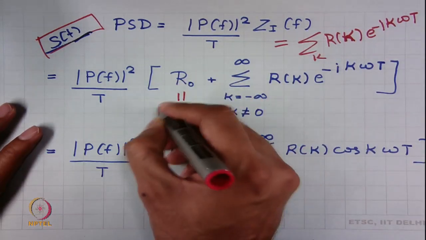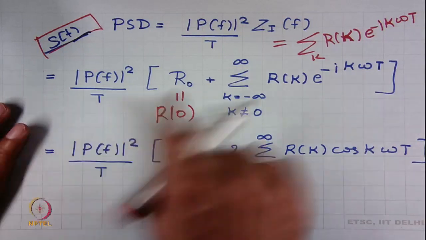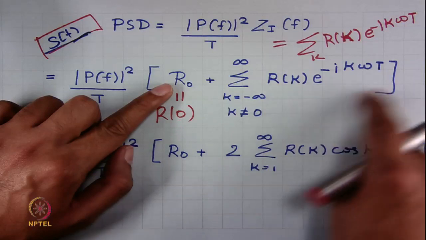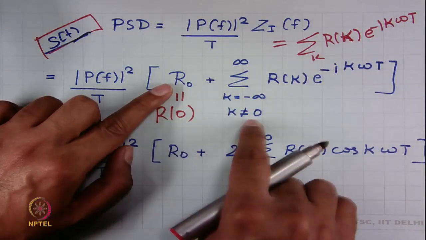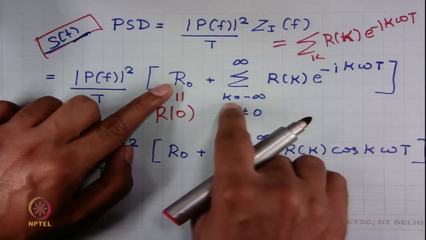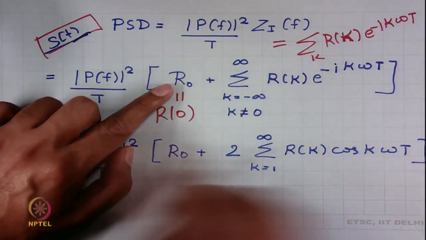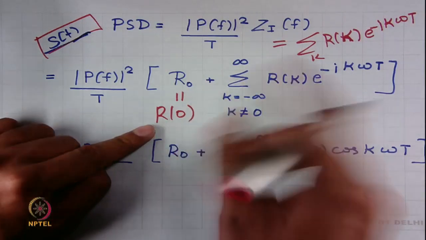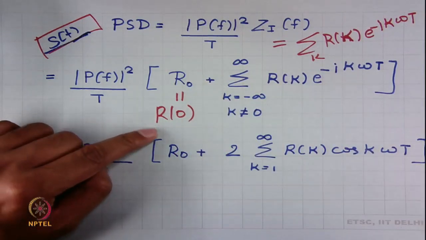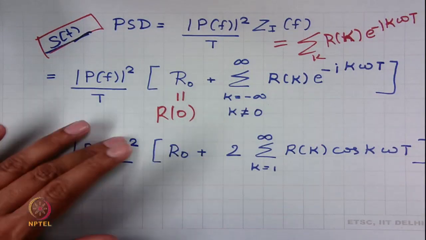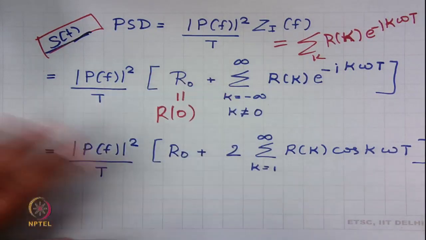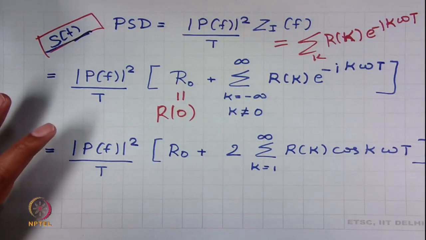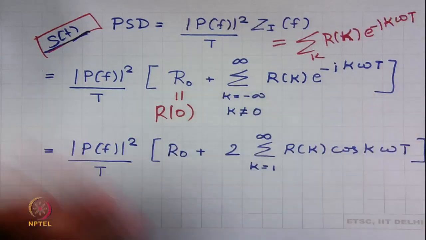So, this you can interpret as R0. So, I have pulled out R0, then what I end up with is the summation except R0 point. So, this is the summation, here k goes from minus infinity to plus infinity except k equals to 0, because that I have included here for some reasons which will become clear. The reason is simple, that this is probably more useful than combining everything together. Okay. We will see some examples, and then probably you will appreciate the use of this expression.